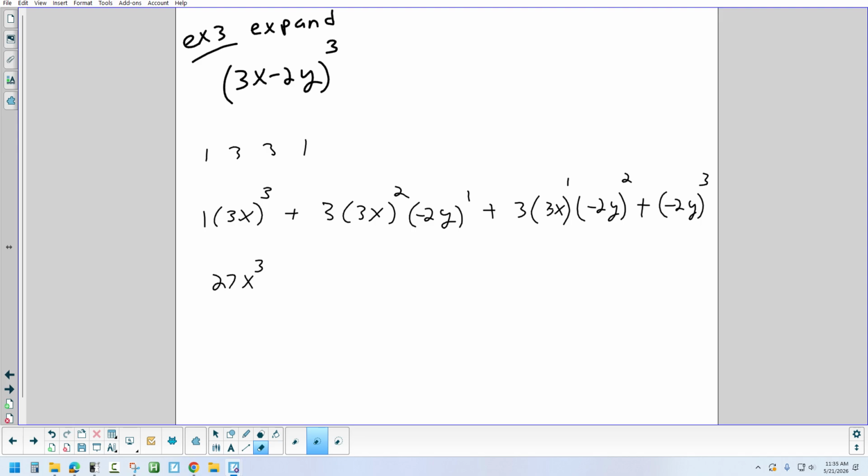Okay, Alex, let's do the next one. What's 3x squared? And you know what? Let's just do the number for now. Let's come back to the letter. So 3 squared, and then times 3, 27, and then times negative 2.